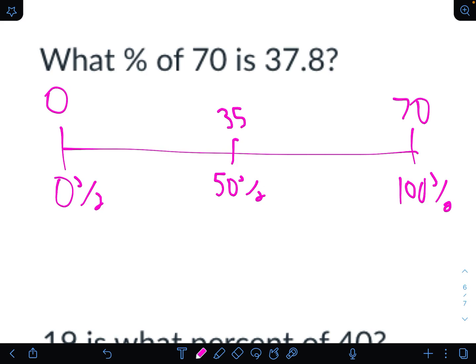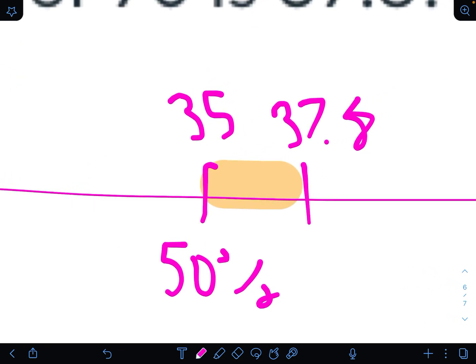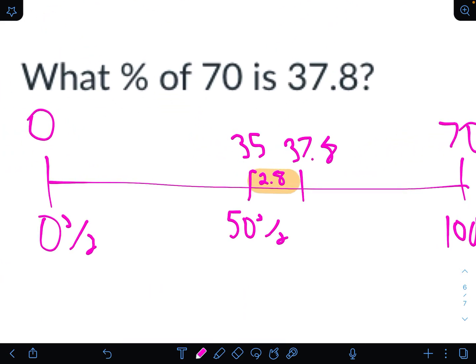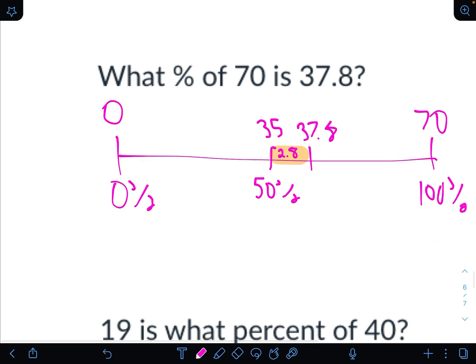Okay. And then what do I got? I know that 37.8, sorry, is like right there. And the distance between 35 and 37.8 is what? 2.8. I can do something with that.